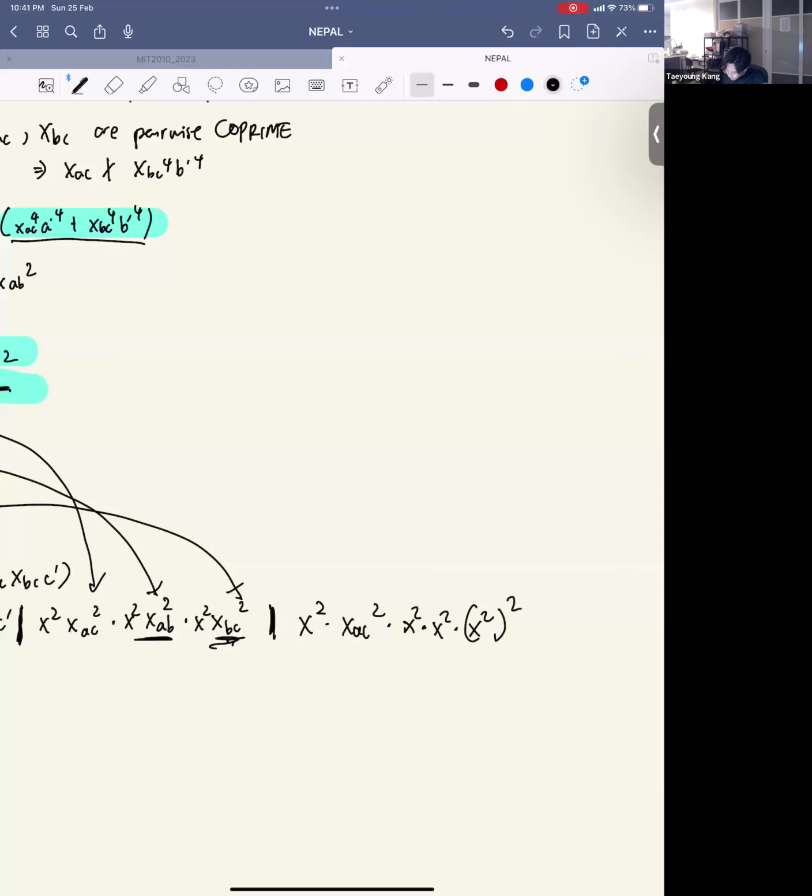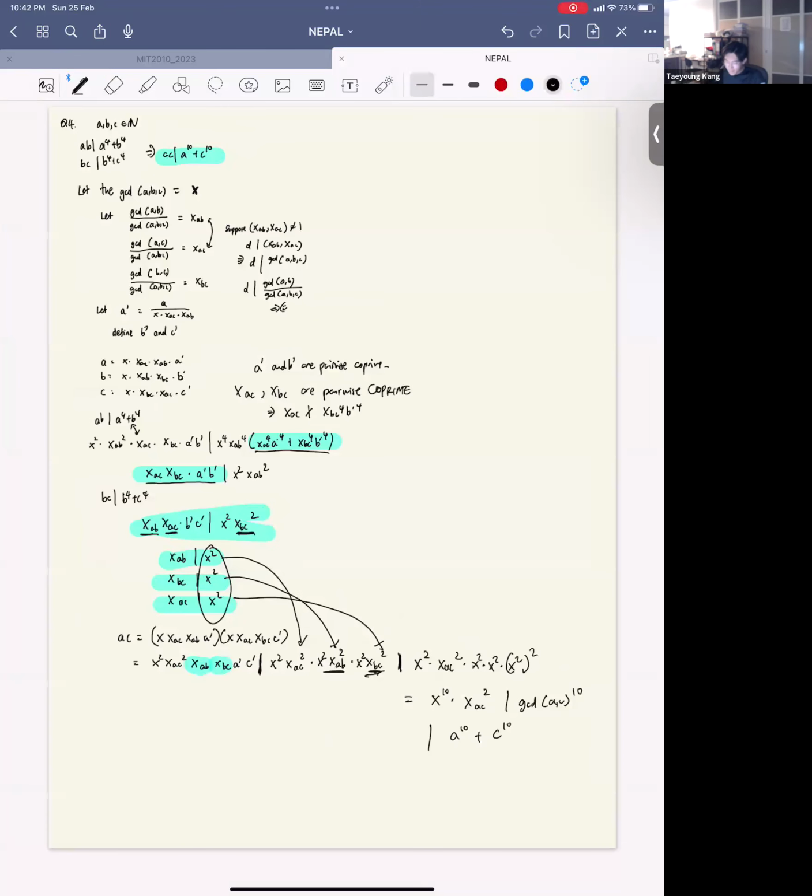And what's this? It's X to the power of 10 times XAC square, right? Which divides GCD of AC to the power of 10. Correct? And what's this? It's just A to the power of 10 plus C to the power of 10. Sorry, it's not equal to, it divides. Yeah. And that's the gist of the solution.